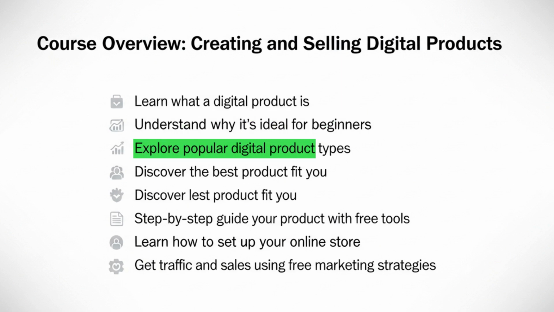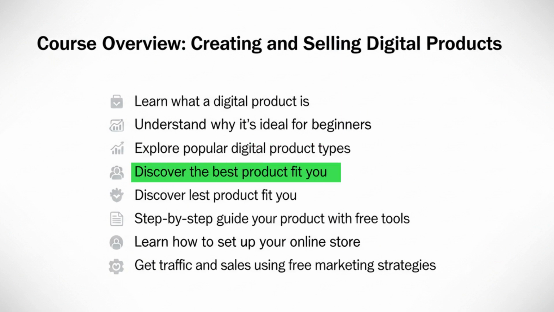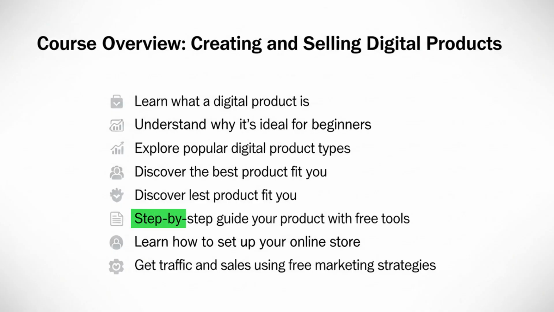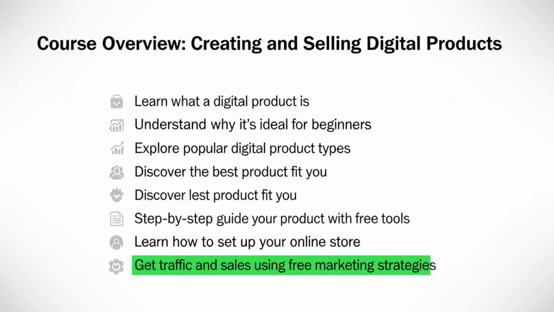We'll go over the most popular types of digital products people are selling successfully every day. Then, I'll help you figure out which digital product is the right fit for you, even if you feel like you have no skills or ideas right now. Next, I'll walk you through how to actually create your digital product using free tools step by step. You'll then learn how to set up your online store, and we'll talk about how to start getting traffic and sales using free marketing strategies.